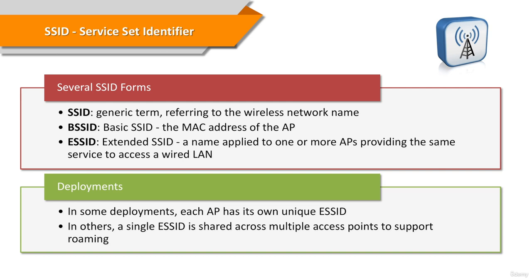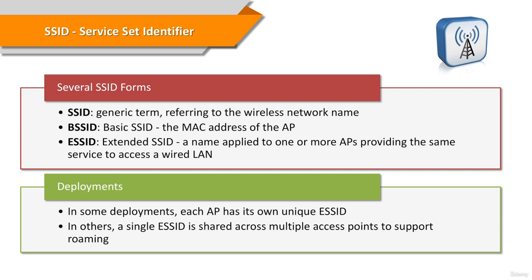Getting more specific, we have basic SSIDs, or BSSIDs, which are the MAC address of the access point, the 48-bit number that uniquely identifies every wireless, and every wireline for that matter, network interface. The extended SSID, or ESSID, is a unique name applied to one or more access points offering the same service, such as access to a single wireline network.